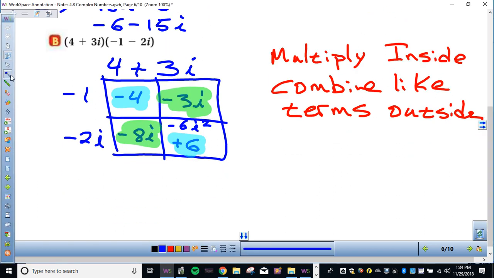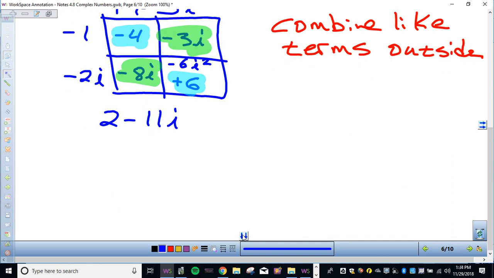So when we FOIL this thing, we get 2 minus 11i. So important to remember the whole multiply inside, combine like terms outside. I'm going to have you try one of these on the whiteboard.